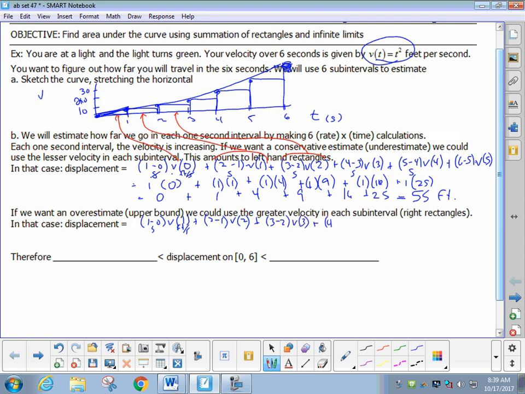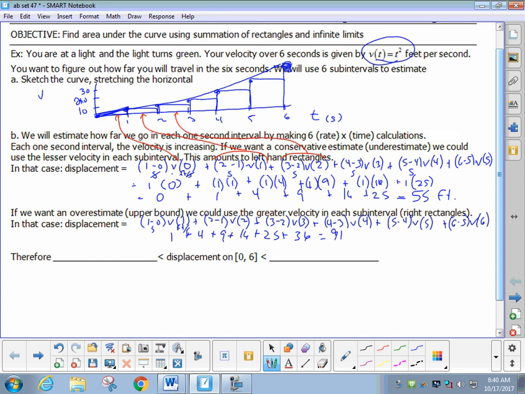Start to see a pattern. What'd you get? You got 91 also.